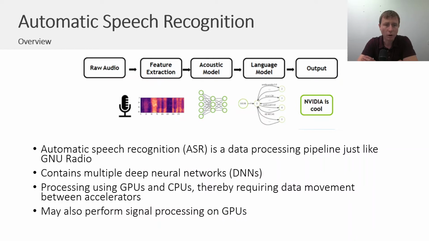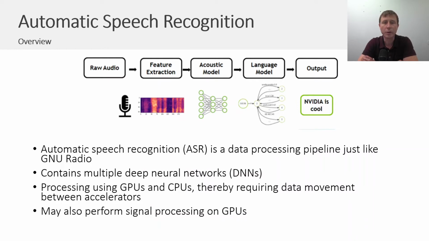So ASR, or automatic speech recognition, is a data processing pipeline just like GNU Radio. So it would be beautiful if we could put various machine learning blocks in GNU Radio flow graphs, and we're hoping to be able to do that in some future version of GNU Radio.